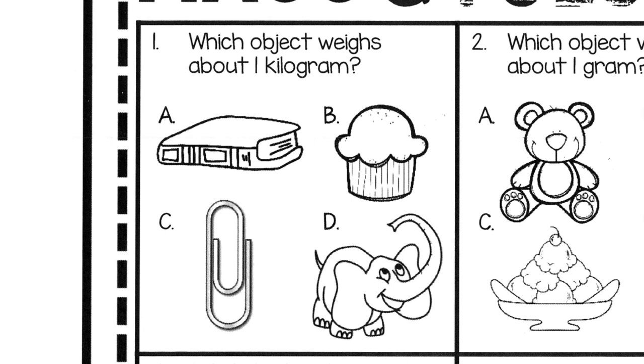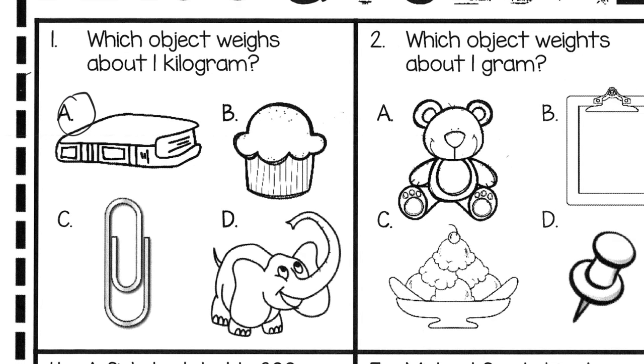So if you had to say to yourself, well, which one of these objects is about 2 pounds? Would you say that's maybe this big book, a cupcake, a paperclip, or an elephant? Well, 2 pounds isn't too much, so we're not going to say it's an elephant, but paperclips are pretty light, and so are cupcakes, so my gut would say to go for that book.